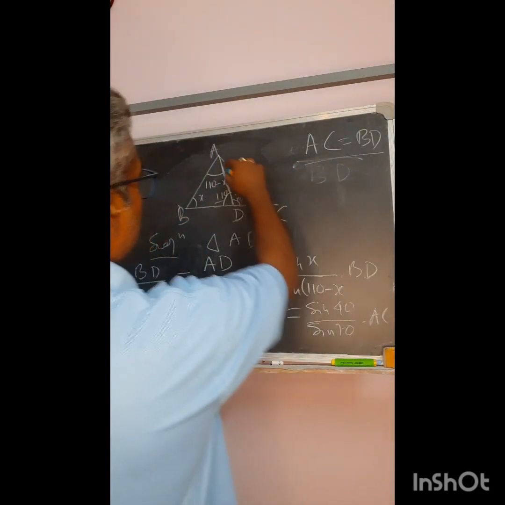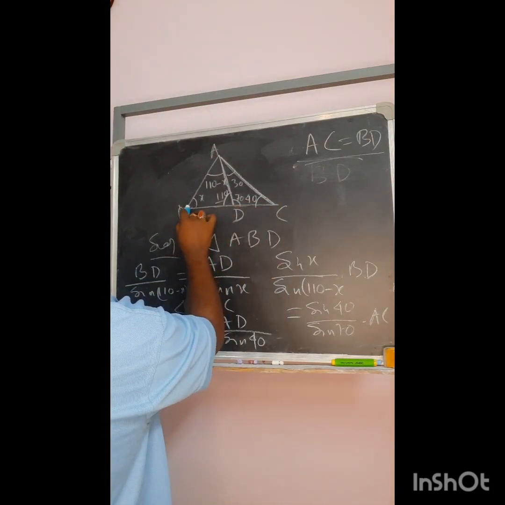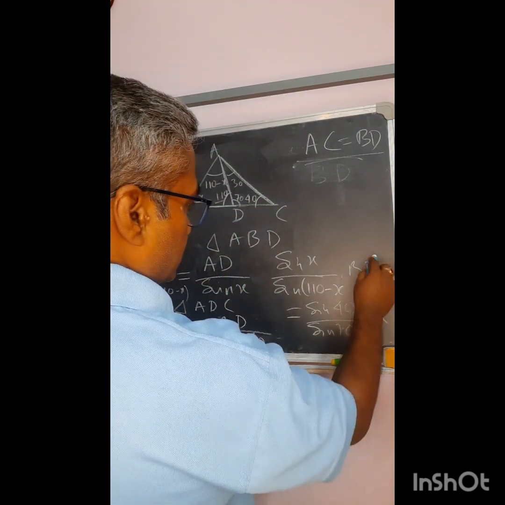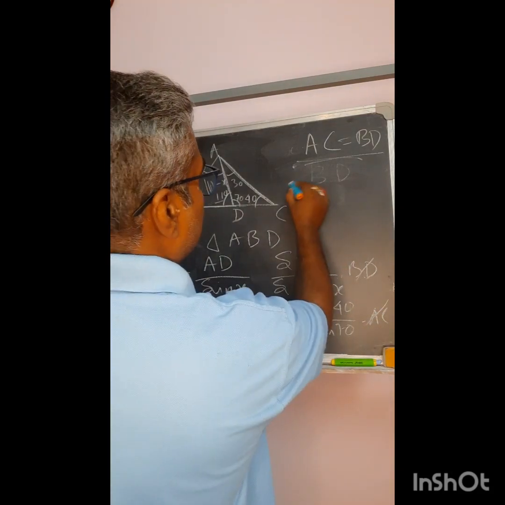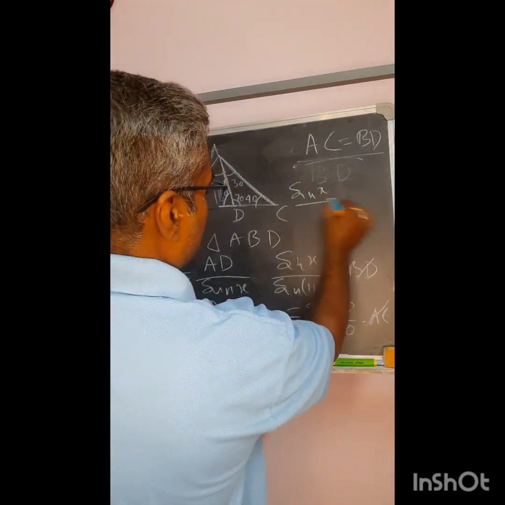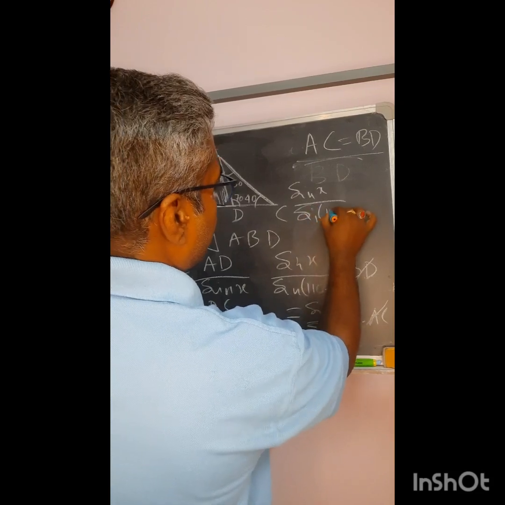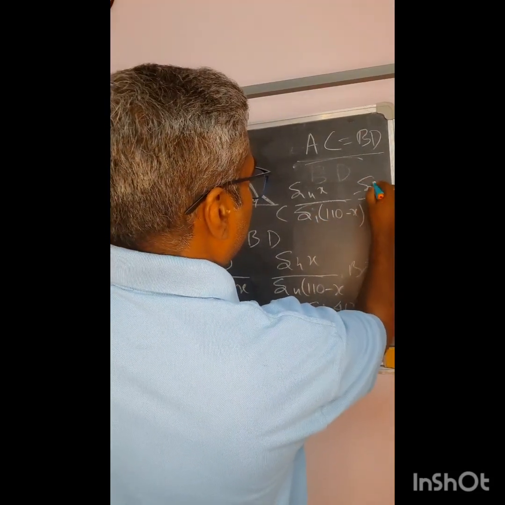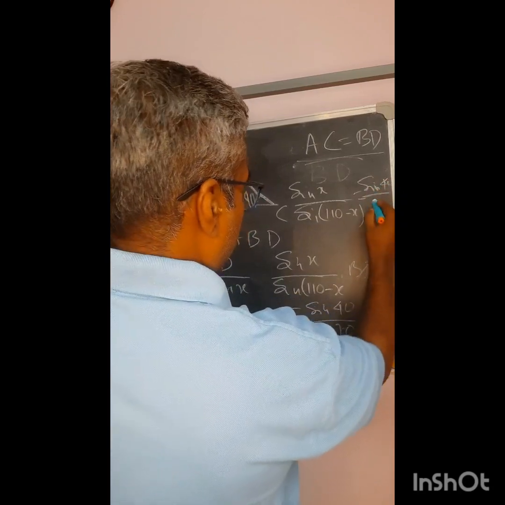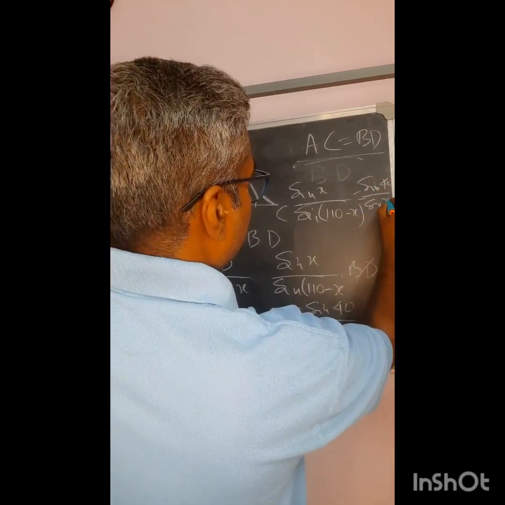The condition given is AC equal to BD. So this cancels out, and the remaining is the ratio sin x upon sin of 110 minus x equal to sin 40 upon sin 70.